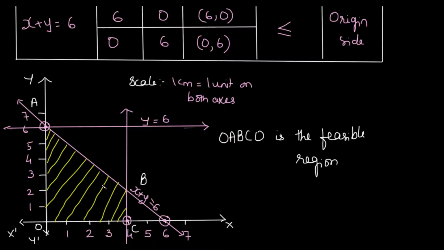As you can see, it has come as a polygon, and O, A, B, C are the vertices of the polygon. These vertices are known as the corner points of this region. That is why the method is called the corner point method. So these are the vertices of the feasible region.